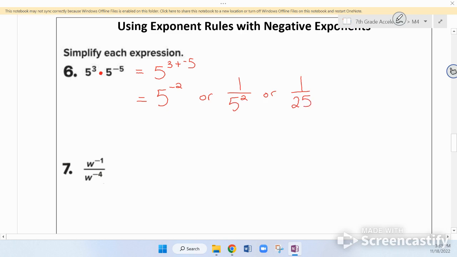All appropriate answers for that. If it says something specifically, like write it with a positive exponent or simplify completely, you'll know which one to do during which problems. Also, it kind of makes sense, right?